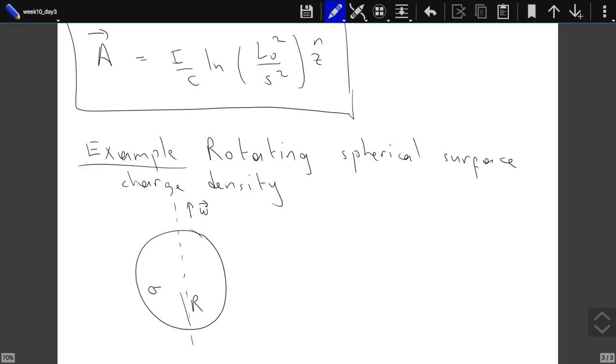Now, this time we will have not a volume current density, but a surface current density. If you remember, the volume current density was the current running per unit area. The surface current density is the current running per unit length. So you see the charges are moving in this direction.